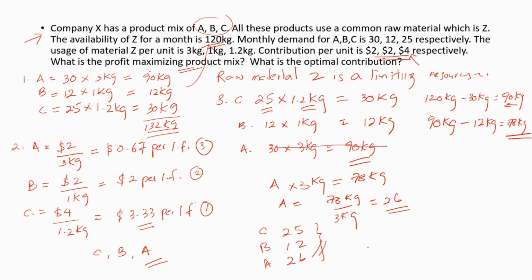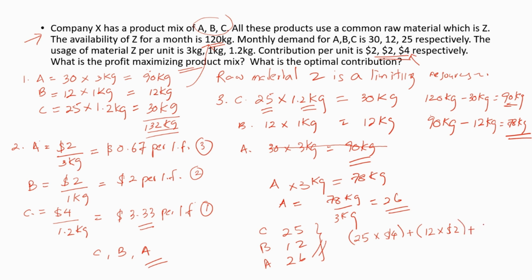Now let's calculate what will be the total contribution when we produce this optimal product mix. We are going to produce 25 units of product C. For product C, the contribution per unit is $4, plus the contribution when we produce product B, which is 12 multiplied by $2.